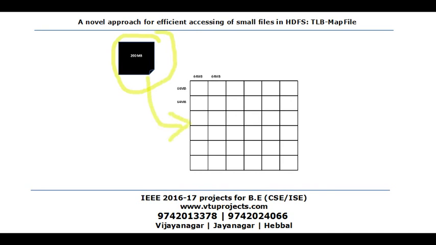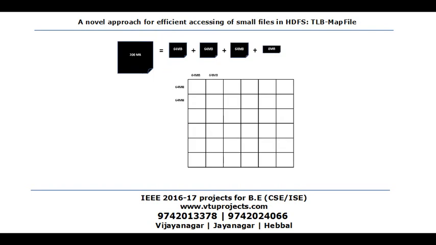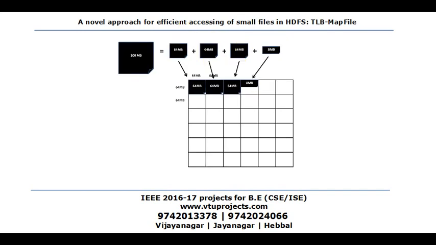This 200 MB file will be further divided into 64 MB, 64 MB, 64 MB, and at last 8 MB. Each of these 64 MB parts will be stored in the first block, second, third, fourth, like that. This is how a Hadoop data node stores the data given to it. In the first block, the entire 64 MB is used, so the utilization is 100%.